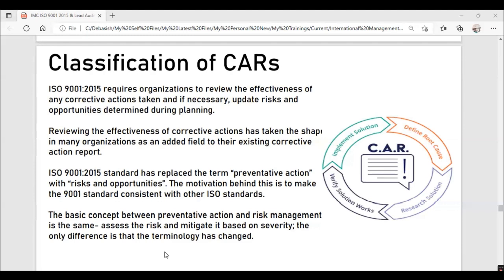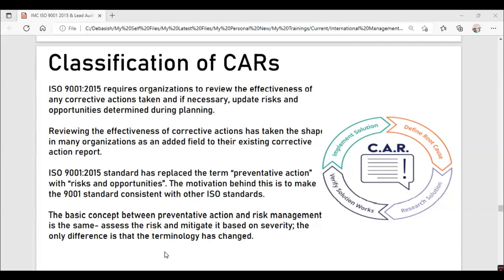Last, CARs allow multiple parties to work together and uncover the root cause of the problems collaboratively instead of simply focusing on rectifying the defect as quickly as possible. When root cause analysis is conducted, the chances of a defect occurring again become lower.